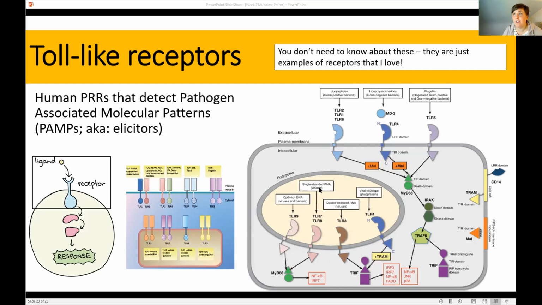Like if the SARS-CoV-2 or COVID-19 virus gets inside your cells, they're like, this is not human RNA, this is not supposed to be there, and it starts an immune response. Double-stranded RNA looks really weird. Your body does not have any double-stranded RNA. So if your cells see double-stranded RNA, they're like, this is wrong.